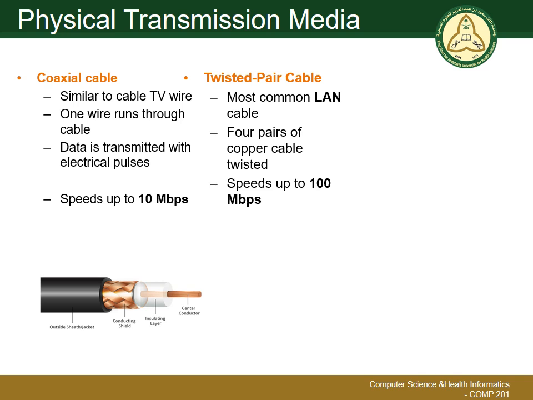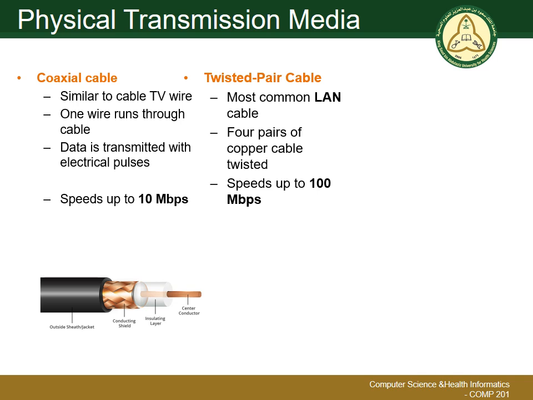However, coaxial cable can send the message for a longer distance than the twisted pair, for a reason I'm going to mention in a moment. The twisted pair cable is the most common type of cabling you can see in today's local area networks.